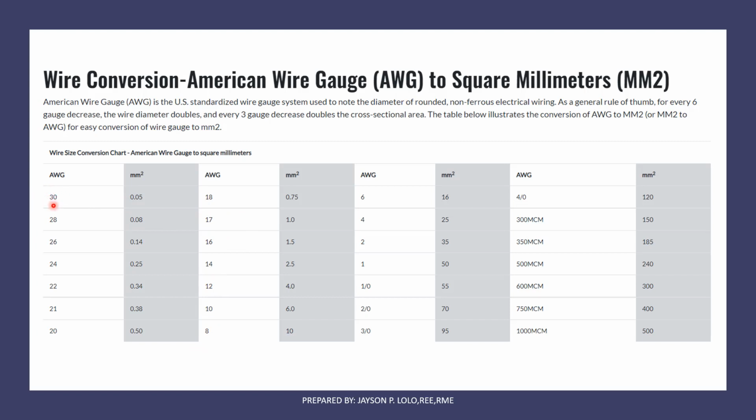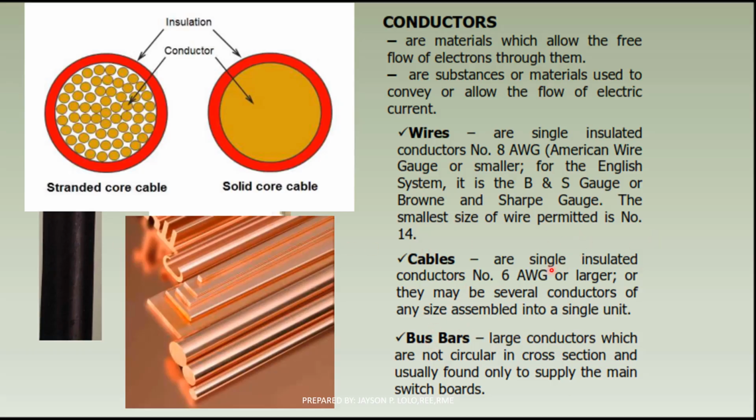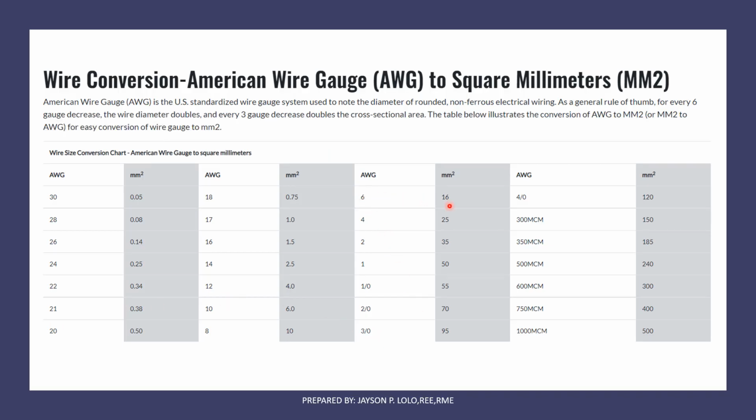The highest AWG number is 30, but it is the smallest size, 0.05. The cables, which are number 6 AWG, start with 16 mm squared until 500 mm squared. This will be your guide in buying and designing electrical wires, so please be familiar with the wire conversion.